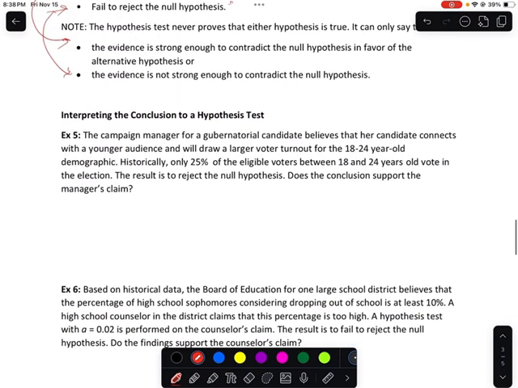Okay, so the campaign manager for a gubernatorial candidate believes that her candidate connects with a younger audience and will draw a larger voter turnout for the 18-24-year-old demographic. Historically, only 25% of the eligible voters between 18 and 24 years old vote in the election. The result is to reject the null hypothesis. Does the conclusion support the manager's claim?